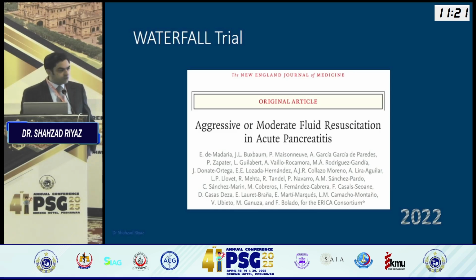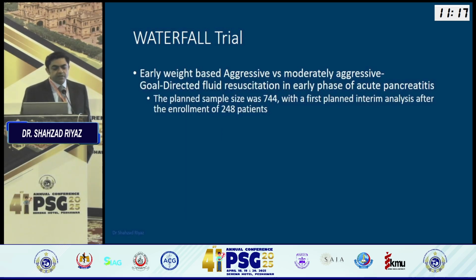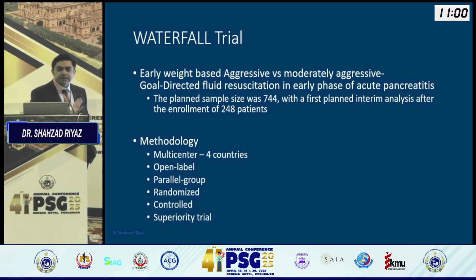And then the WATERFALL trial came out, which was published in 2022. Essentially, it was an early weight-based aggressive versus moderately aggressive goal-directed fluid resuscitation in early acute pancreatitis. The sample was 744, and the first interim analysis was done at 248 patients. So it was a very cleverly designed study.